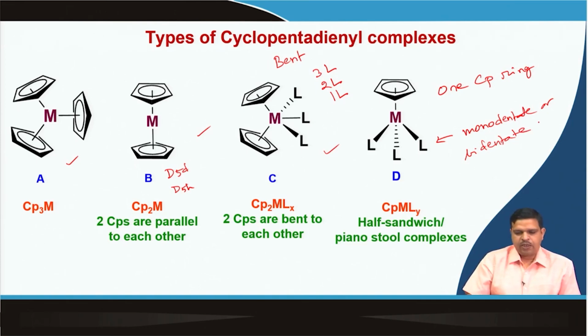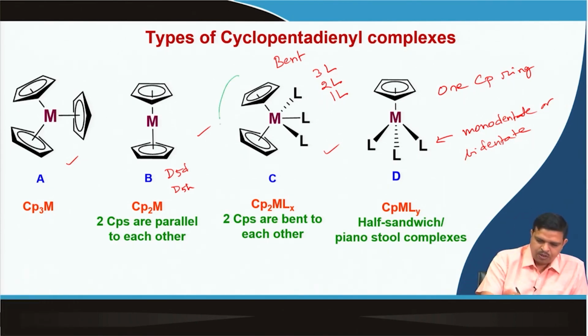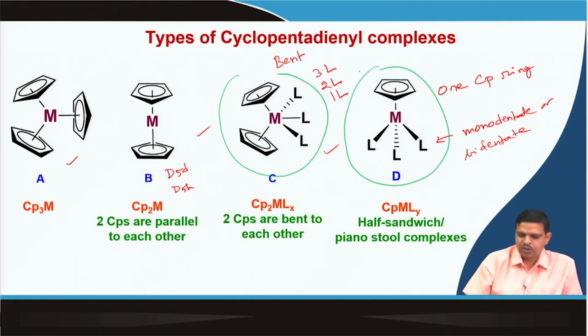So, these are the categories mainly found in metallocene chemistry. As I told, we will be interested in this category of the bent metallocene, because later you will see that most of the metallocene based catalysts have the structure of either the C category or the D category.